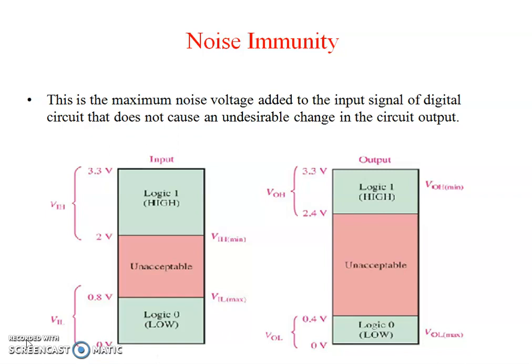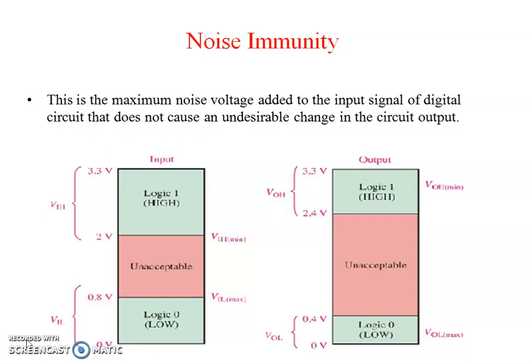First one is DC noise and second one is AC noise. So what happens in DC noise? It is caused by drift in the voltage level of the signal, and AC noise is caused by random pulses that may be created by other switching signals. And this is a quantitative measure of noise immunity offered by the logic family.